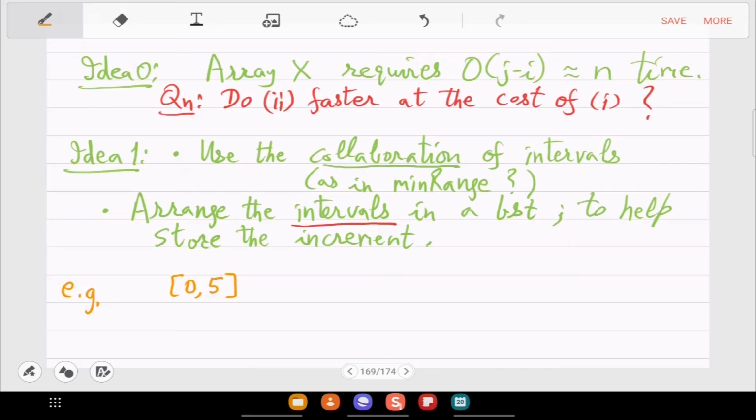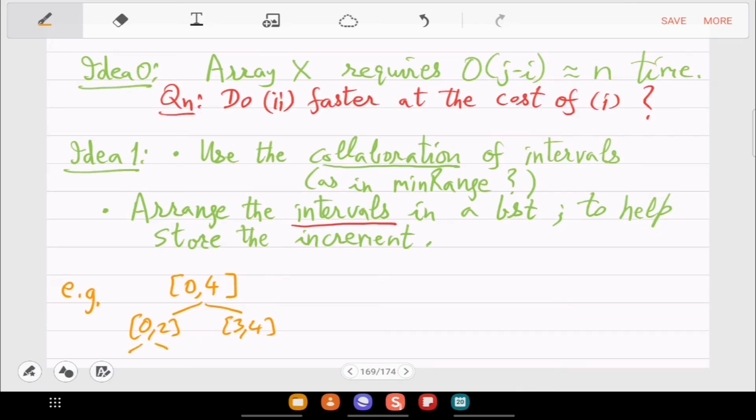Okay, so with the binary tree intuition, what should you do? What should you put on the left child of this? So maybe this should be 0 to 4. So put 0, 2 here and 3, 4 here.